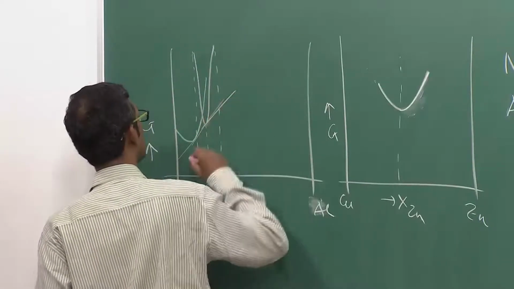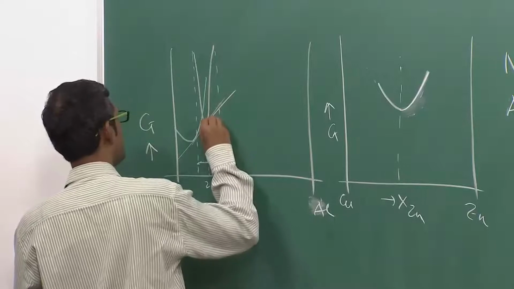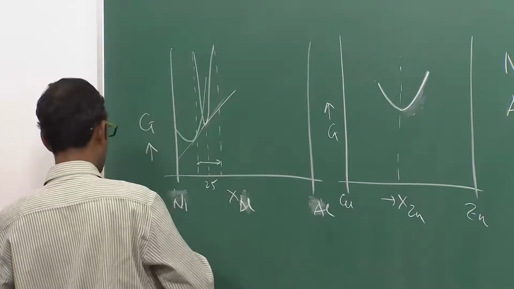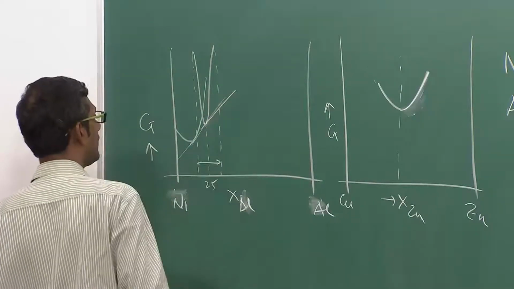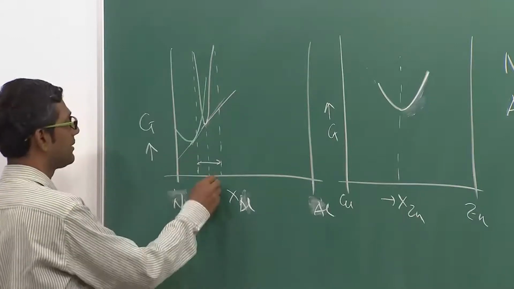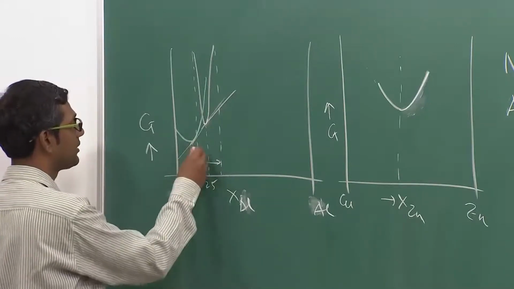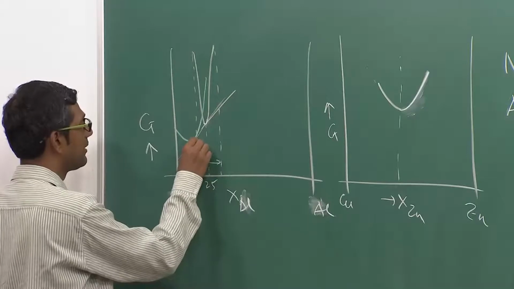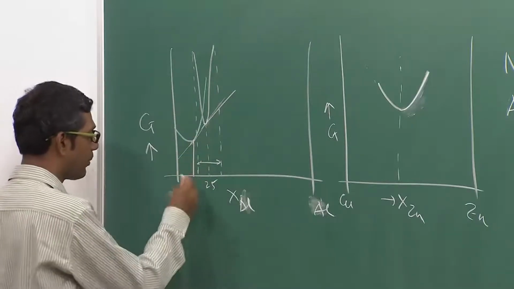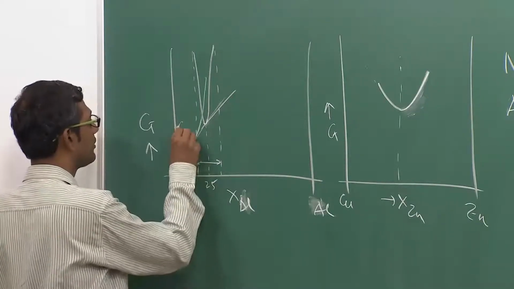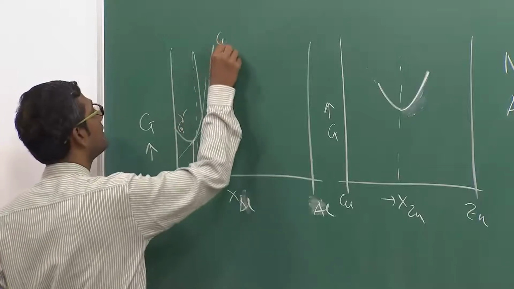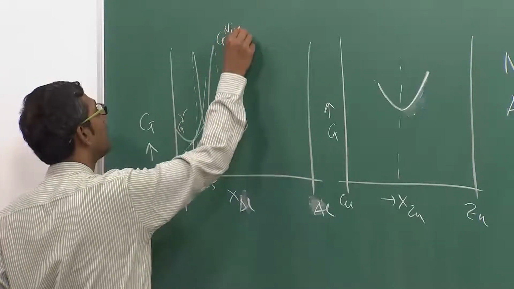So, that tells me that this is stable at 25%, but this is also stable between these, and this is the stability of the compositions of the gamma solution. So, this is G gamma and this is G Ni3Al.